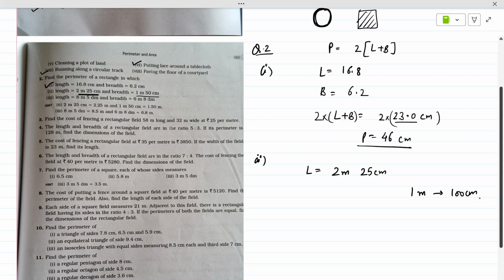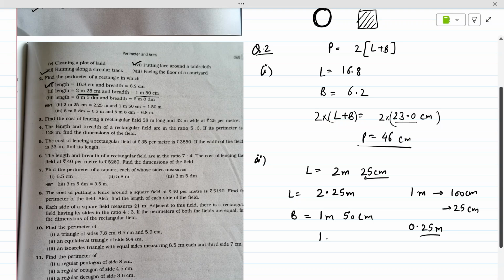If we want the length in meters, then we have to change this 25 centimeters into meters. So what will it be? It will be 0.25 meters. So length is equal to 2.25 meters. Similarly, breadth is given as 1 meter 50 centimeters.